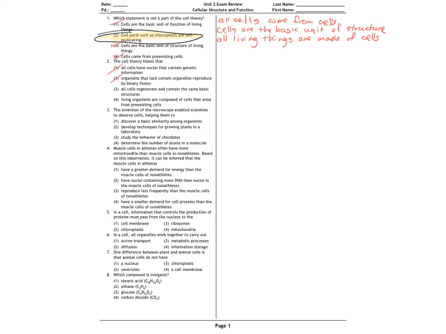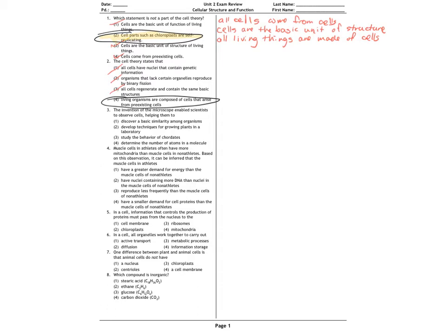And we also have all cells regenerate and contain the same basic structures. While that's true of many cells, that's not part of the cell theory. However, living organisms that are composed of cells that arise from pre-existing cells, that is correct because it's basically right here in this first bullet. So that means the answer is choice 4.